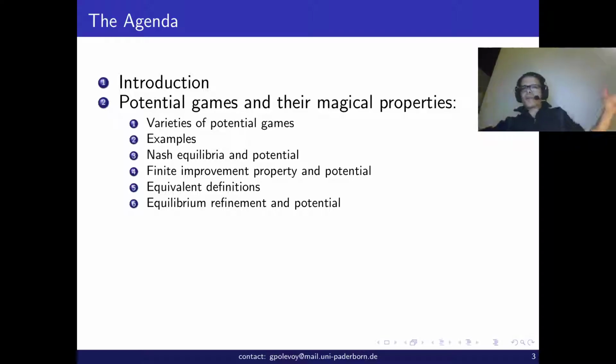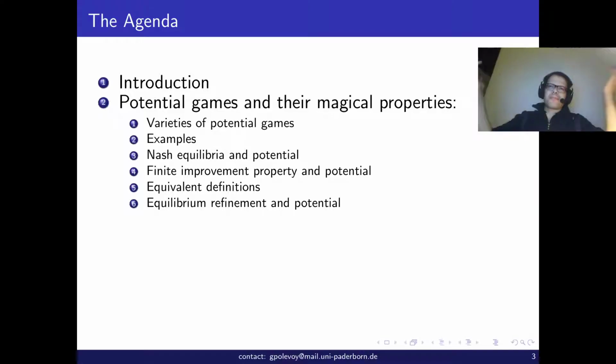So wider classes when you require less, and despite that they are less nice, of course they are wider, and therefore we can use them for games for which we simply cannot use the laws of potential games because they are not potential. So it's important to describe the several varieties and to exactly tell which properties each class of games has.